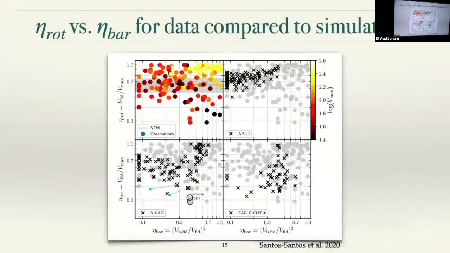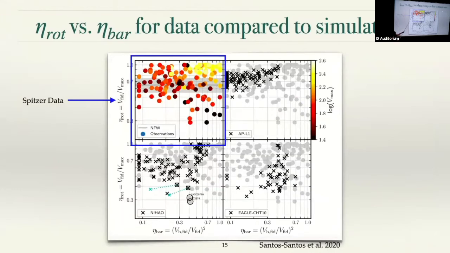And this is a proxy for the amount of baryons in the center region at this fixed fiducial radius. Okay, so this plot has a lot going on, so let me piece it apart a little bit. So all of the points here are data, and they're colored by the log of the maximum circular velocity, which is a proxy for mass of the system. This line here is the NFW prediction at that fiducial radius.